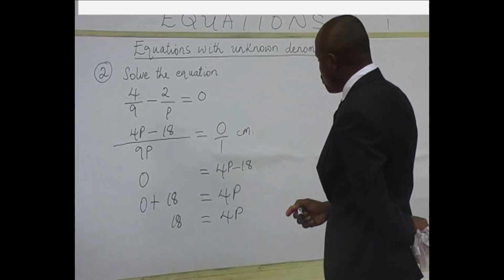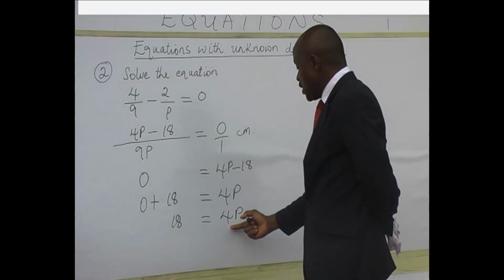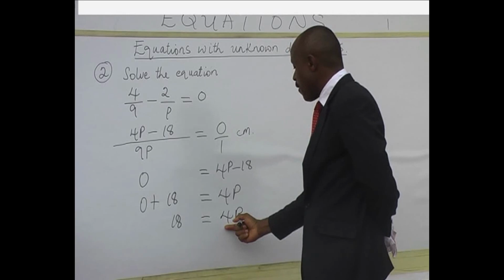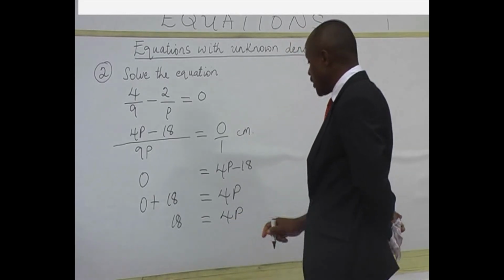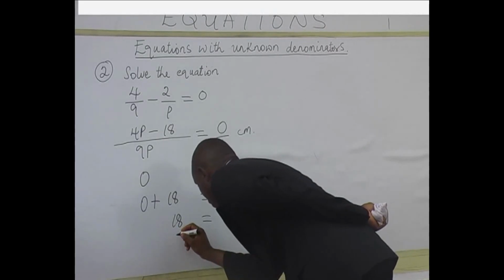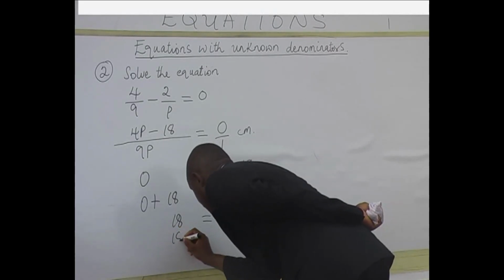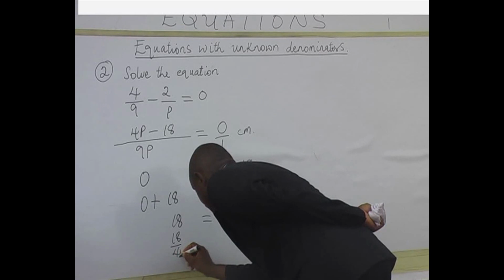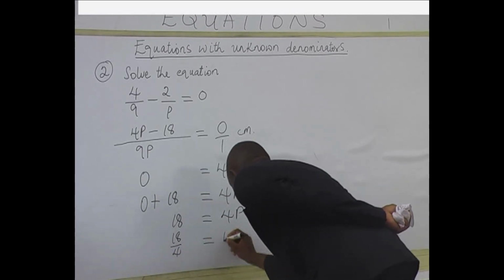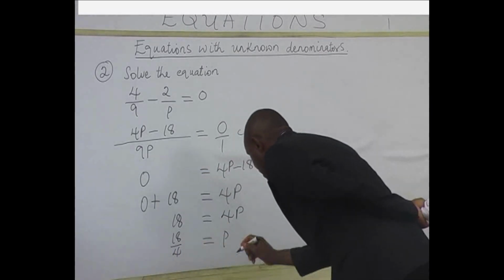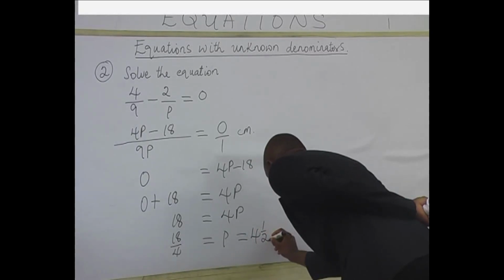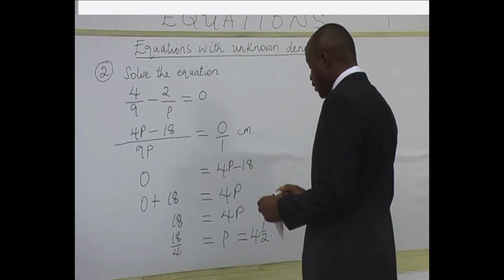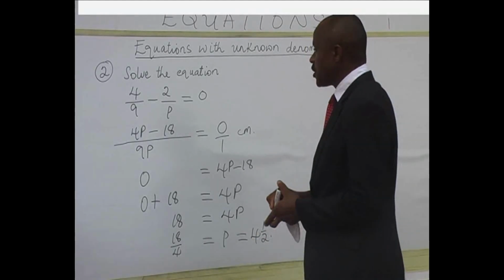The next thing you do is to divide both sides of the equation by 4, so as to eliminate 4 from the right hand side. 18 all over 4 will now be the value of p. And 18 divided by 4 will give you 4 and a half. 4 and a half becomes the solution to that equation.